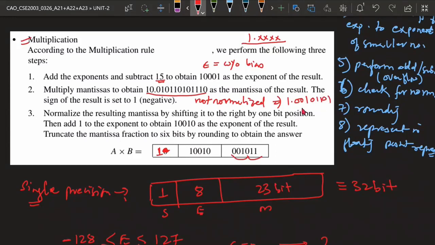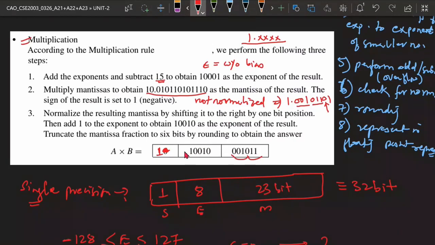So it is an 8-bit fraction value, but the fraction can only be 6 bits, so we do the rounding. Here it is 3 bits and 3 bits, and the seventh bit is 0. If it is 0, we do nothing, so after rounding the result is still 001 011. If it were 1, we would round by adding 1.